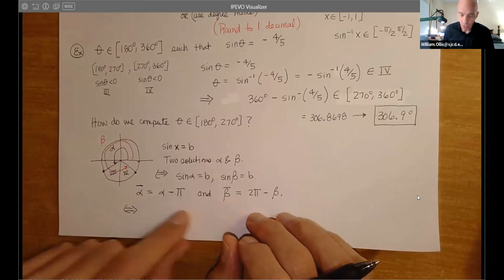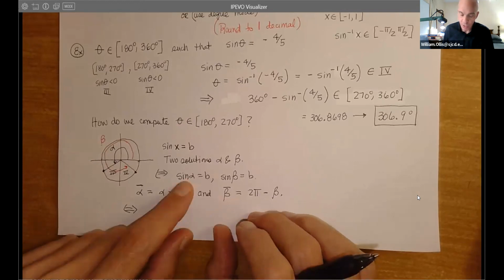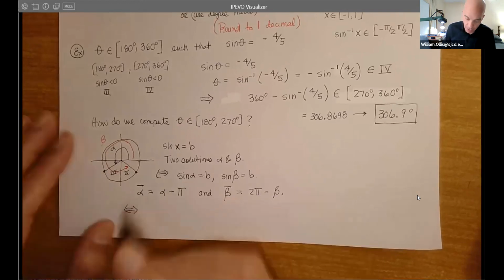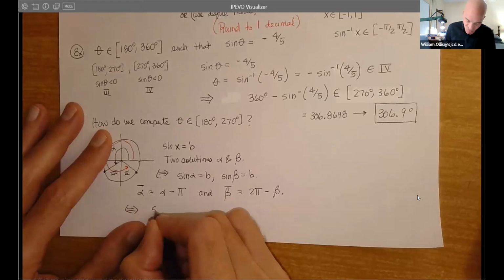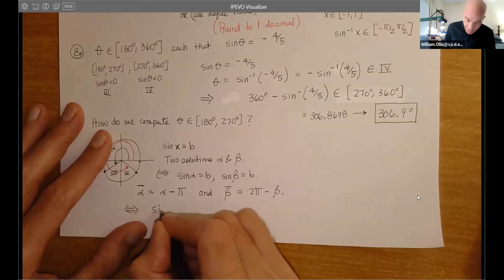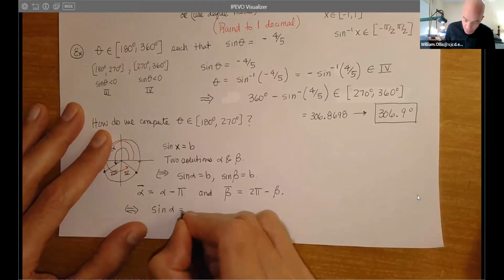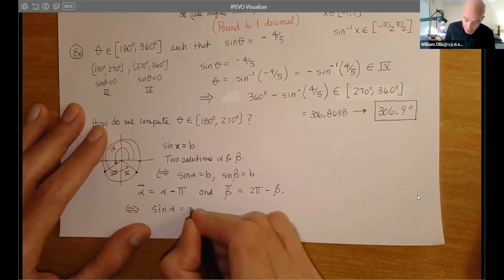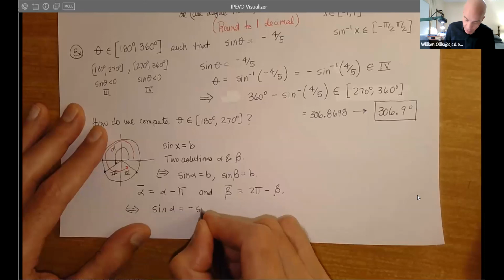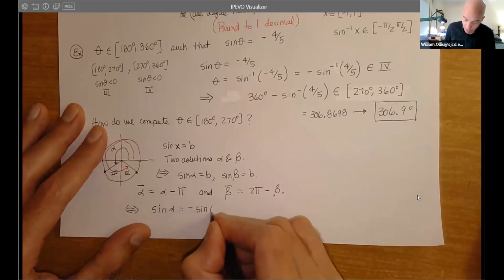Now when I actually solve this equation, we've got sine of alpha equals the negative of the sine of alpha minus pi.